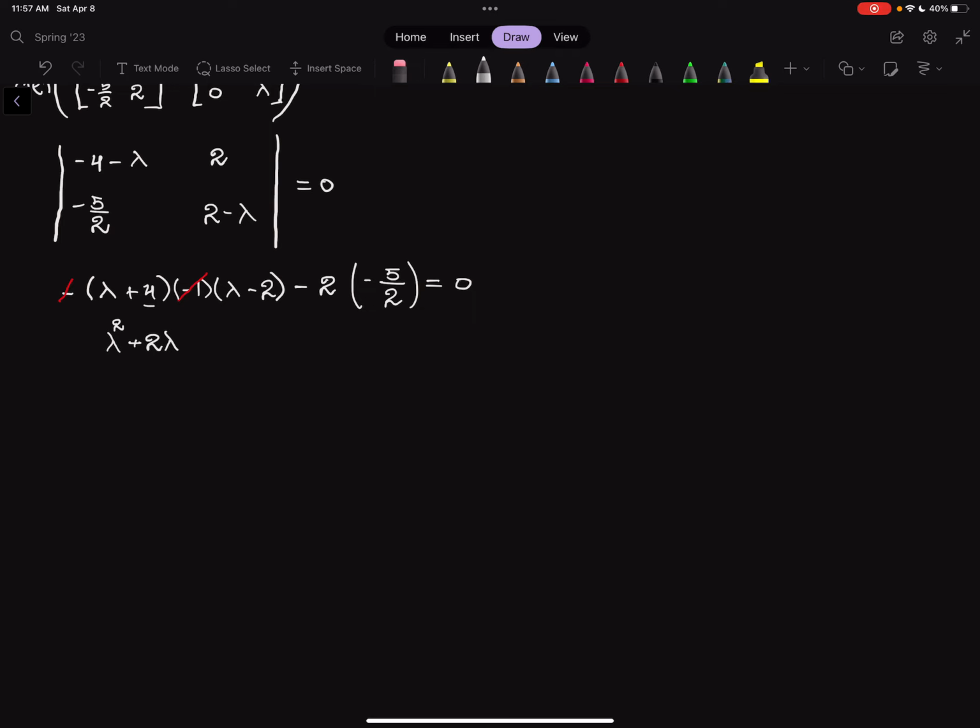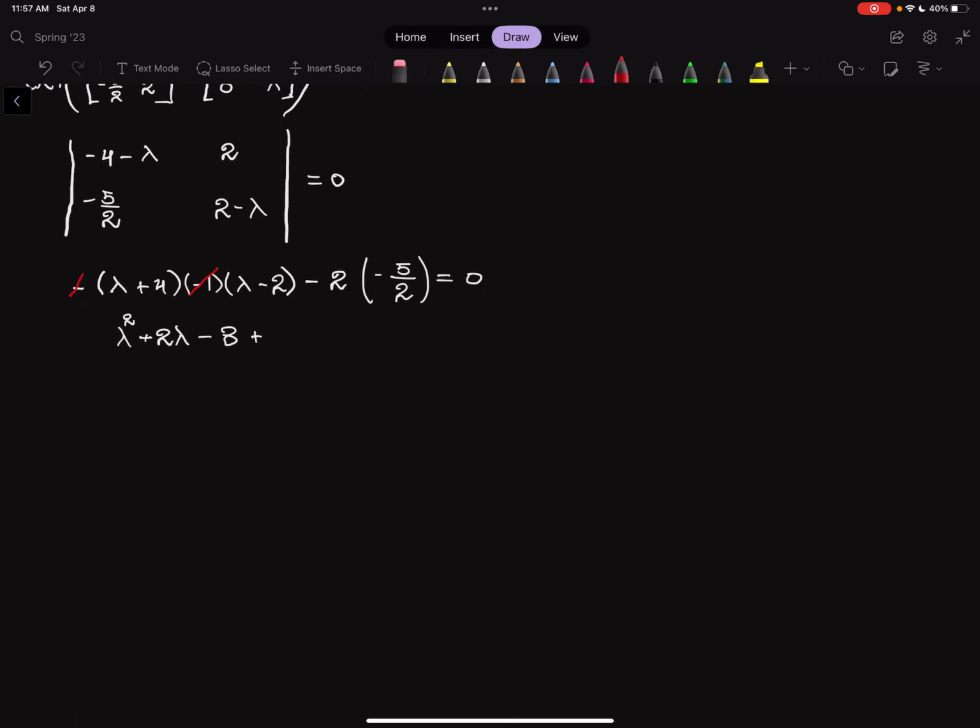And then we have the multiplication of these two, which is going to be -8. And then these negatives cancel out, so we'll get a positive. The 2 and the 2 cancel as well, and so we only have a 5 here. And all of that has to be equal to 0.